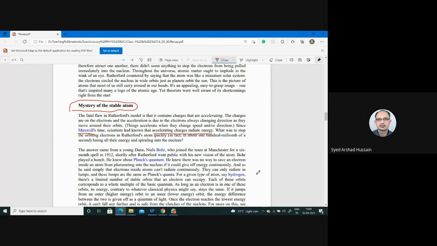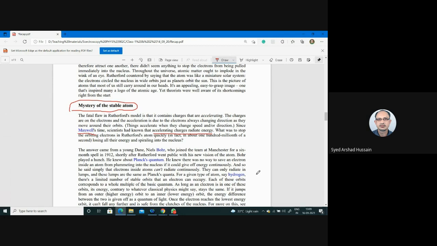It was quantized, so he applied quantum mechanics and classical mechanics simultaneously to explain the properties of the atom. It was observed later that his hypothesis is very good at explaining several other features of the atom, which could not be explained using Rutherford's model.